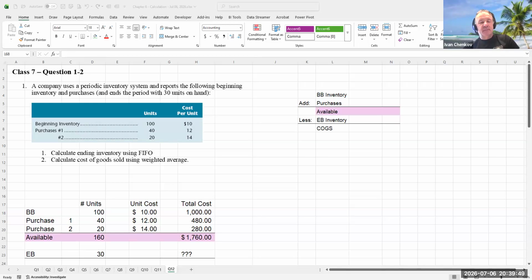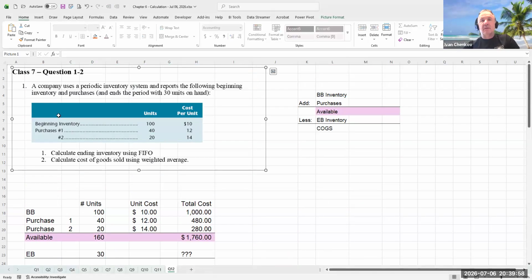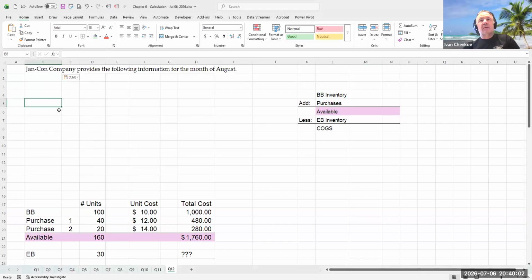So this company, let me flip it here to the Excel spreadsheet. This company provided the following information for August.